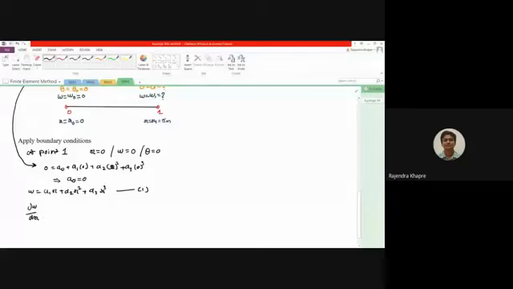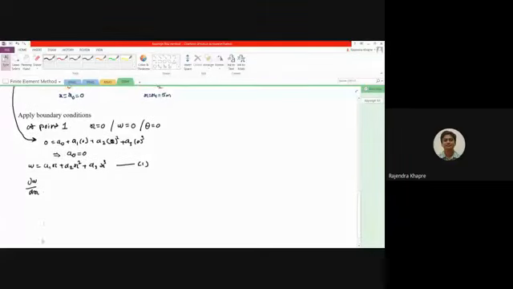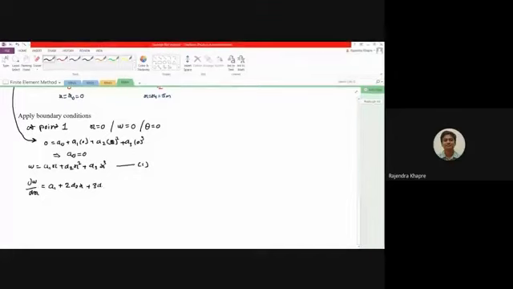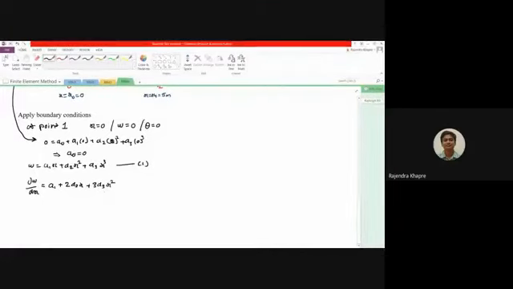Let me take the derivative of this. This will be a1 plus 2 times a2 into x plus 3 times a3 into x square. This is the first derivative of w with respect to x.